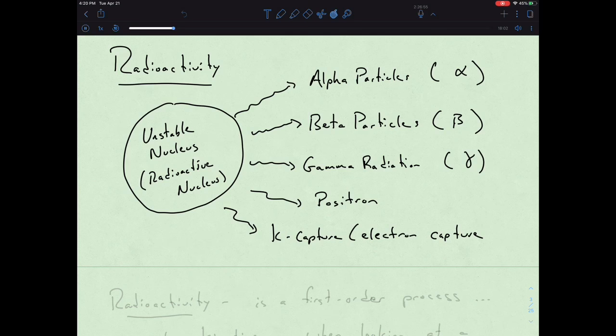These are the 5 different modes of radioactivity that we're going to talk about within this particular lecture series. There are more, but these are the main ones that we're going to get into.